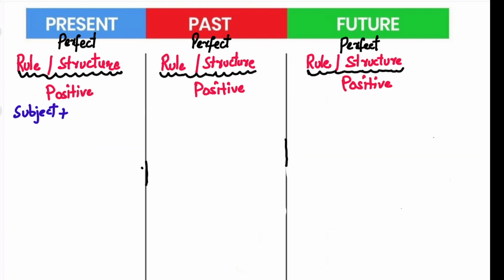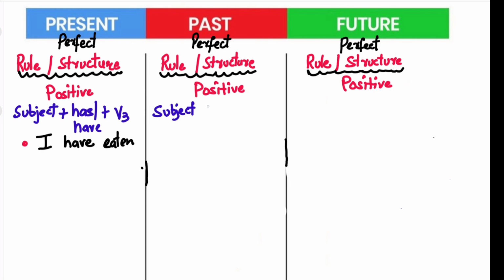So let's learn the rules and structure of present perfect tense. Subject plus has, have plus V3. Example: I have eaten. Rule and structure of past perfect tense: subject plus had plus V3.